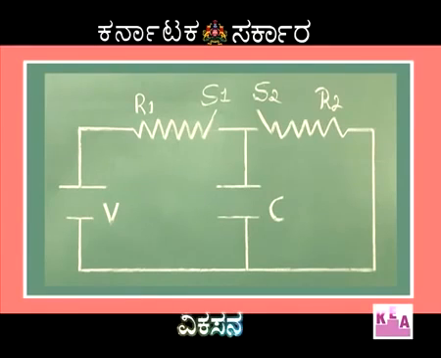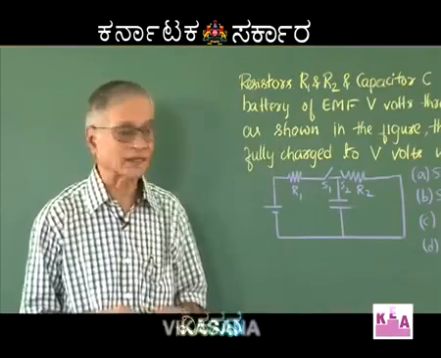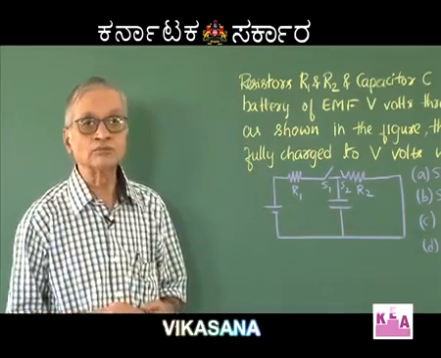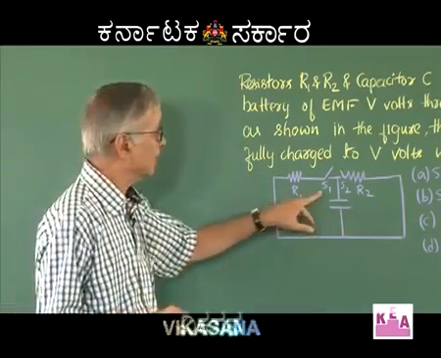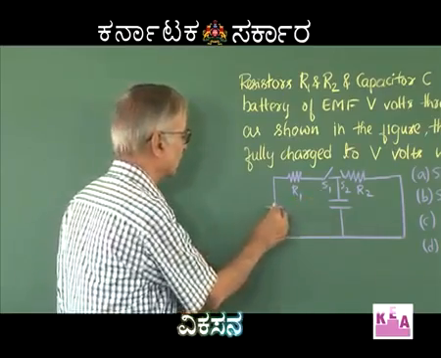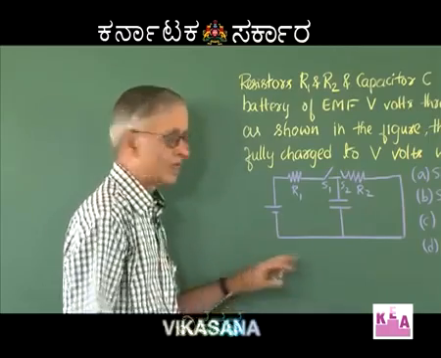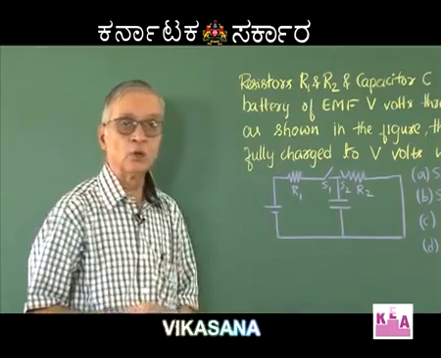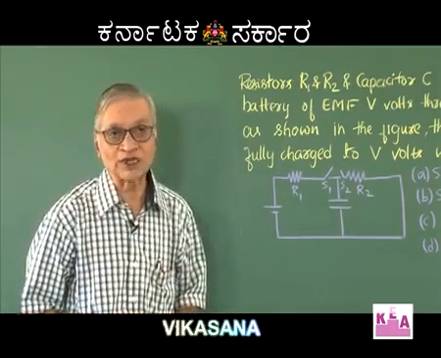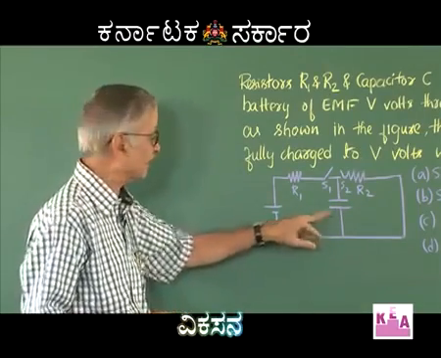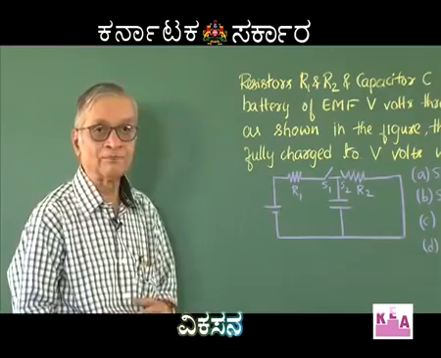Also, if you want to charge the condenser, it is necessary that it must be connected to the battery. Now, observe that if S1 is closed, this circuit is a closed circuit, therefore the condenser will be charged to full potential, that is, the PD across the plates of the capacitor will be V.